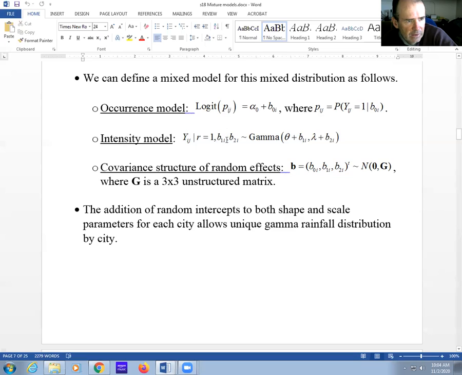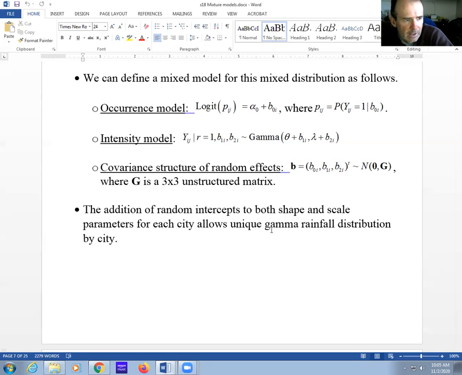And so in this part of the model, I'm specifying deviations off of the shape and the scale parameters. And so each city is going to have their own unique distribution of rainfall amounts that's going to be estimated. So it's kind of a clever way to add random effects and allow cities to have their own information from this model.